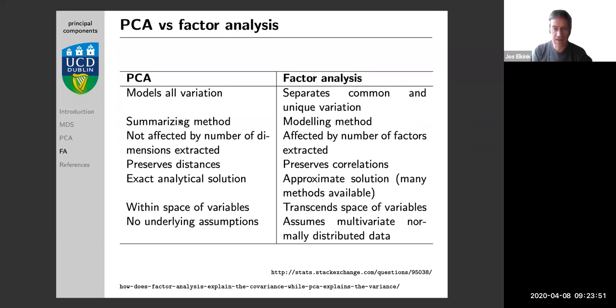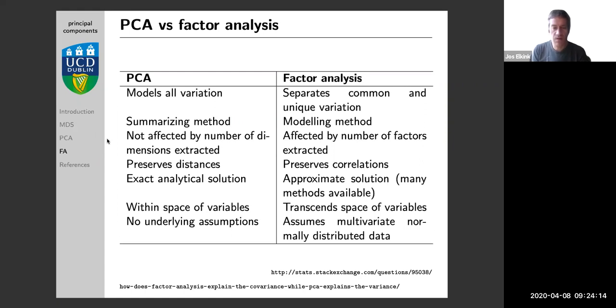A little bit of technicality, but that's what happens. PCA is a summarizing method, so it summarizes all the data, and it's good for description of the data, to understand where most of the variation is. Factor analysis is always designed more with the perspective of a model. Can we model latent variables, underlying dimensions that describe this data?